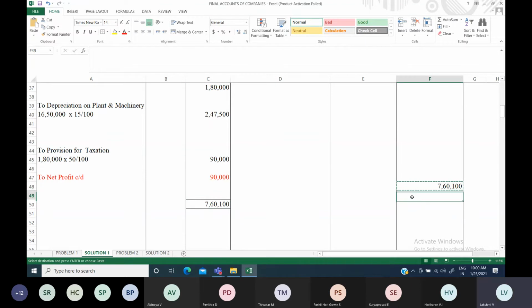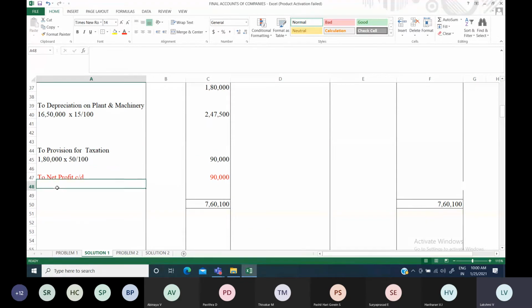You can mention "transfer to P&L account" or "transfer to P&L appropriation account". Everywhere you have to enter it properly as per the format.